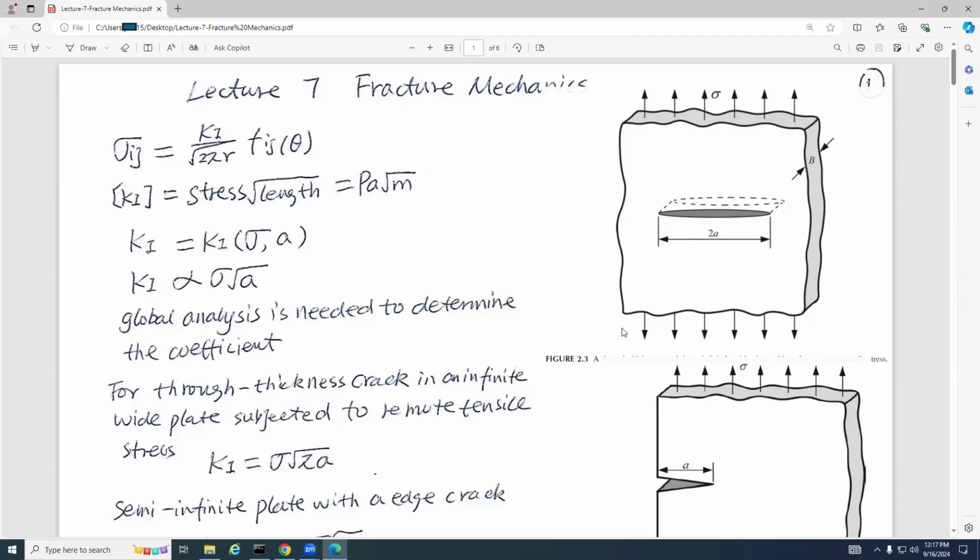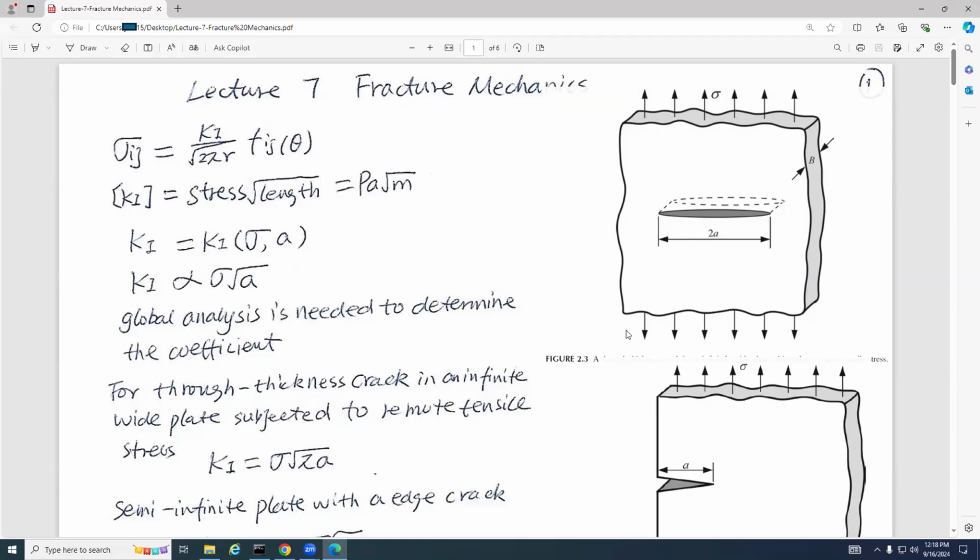Infinitely big plate, we have a through hole that goes from this side to the back side. We suppose we have a remotely applied load, and we also know the thickness. So this K_I coefficient equals 1. This is a very beautiful standard equation.